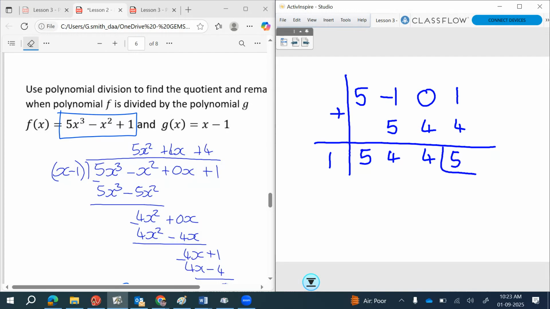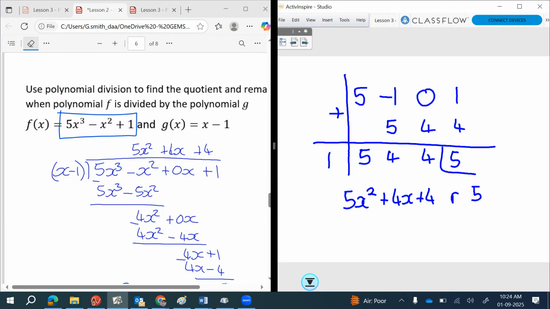What is the quotient? There are 3 terms, so it's 5x squared plus 4x plus 4, remainder 5.